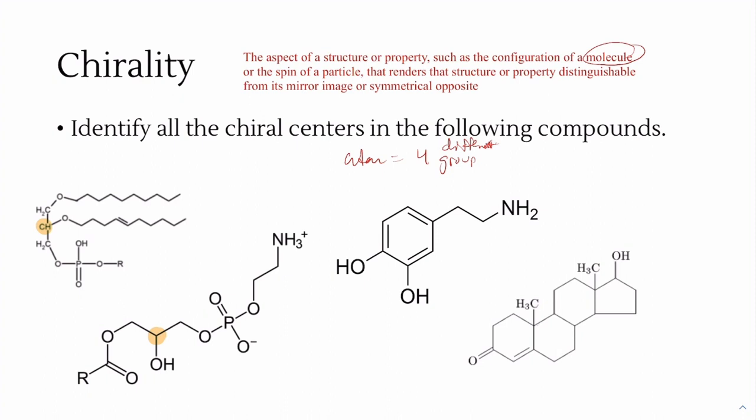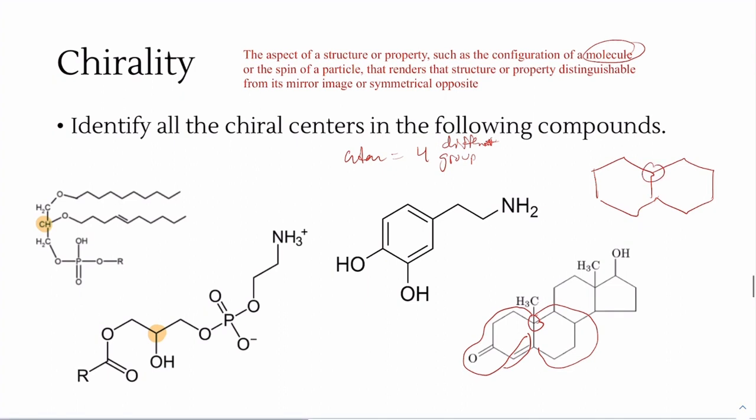Now, if I look here, it's kind of confusing because we're in a ring structure, but hopefully you can follow along that this structure is not the same going around this way. Let's say I have 2 rings like this, this carbon would not be chiral until I made this group different.